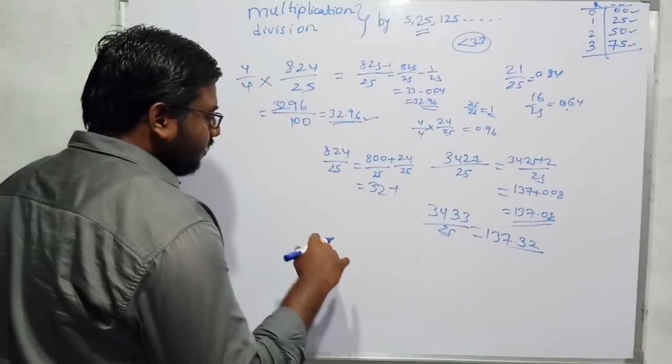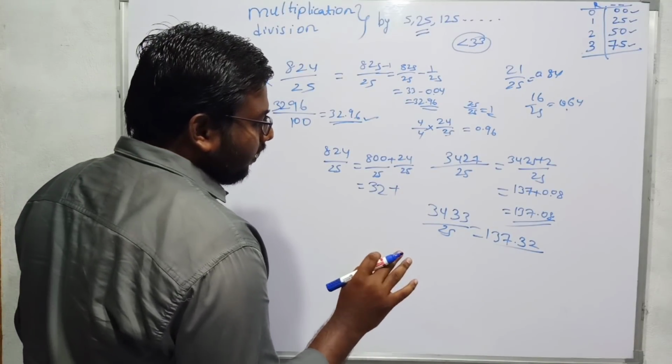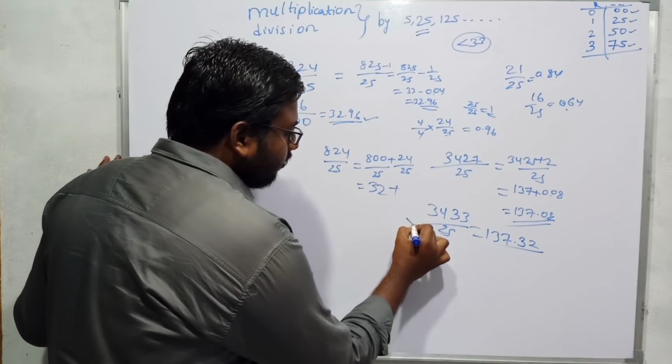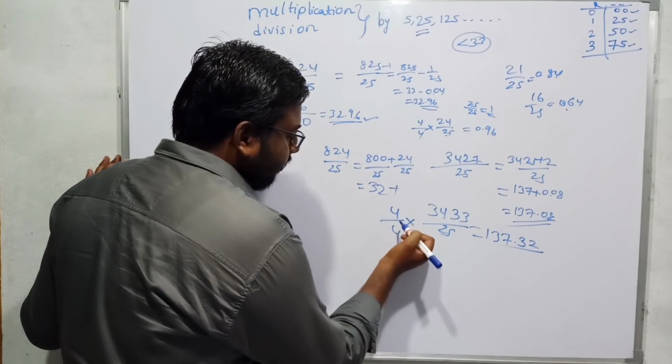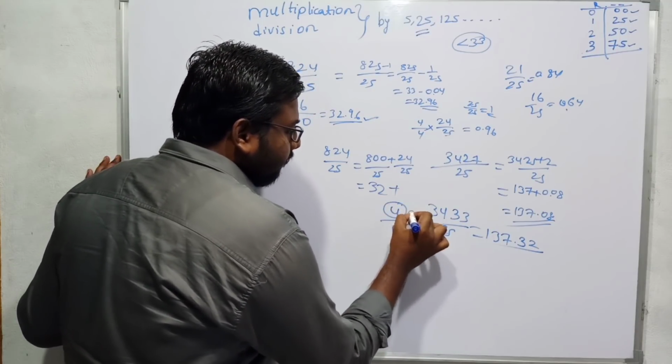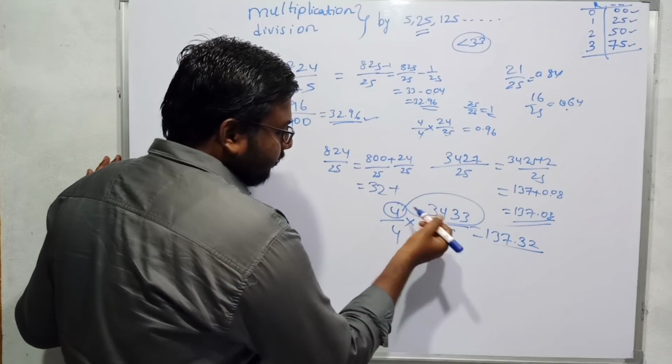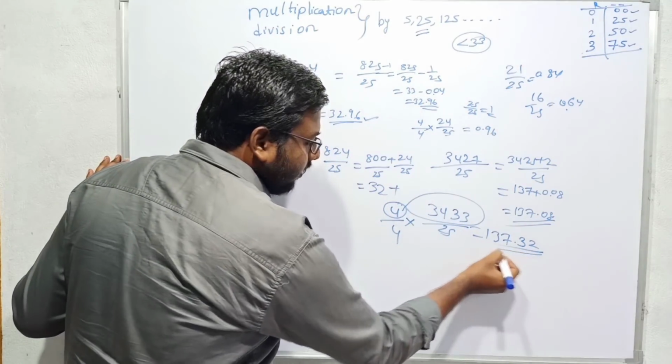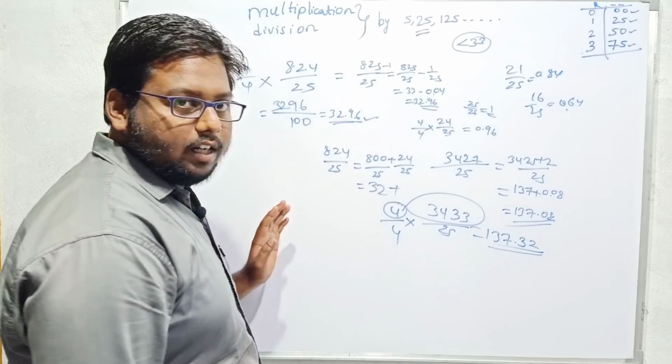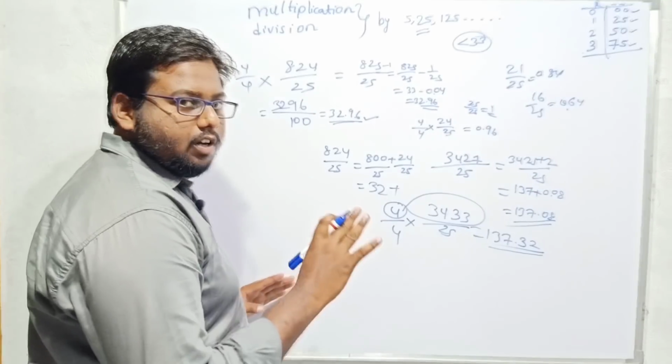For example, we got clarity that if I multiply this by 4 and by 4, then if I multiply this 4 with 3433, I will get 13732 as the result. Now I have clarity that for multiplication with 4 also I have a trick.